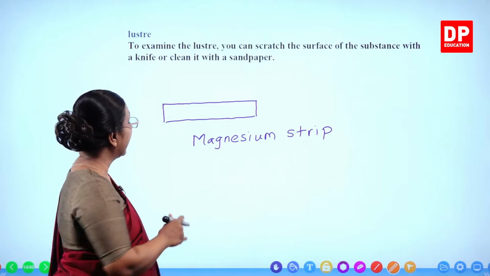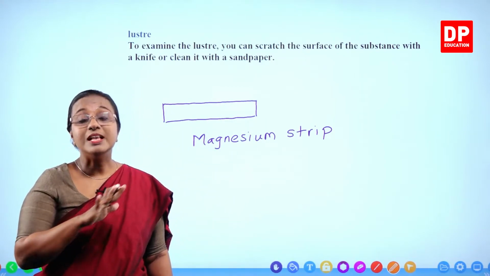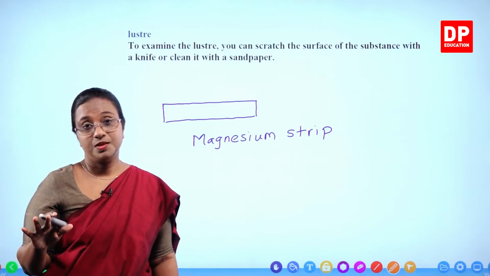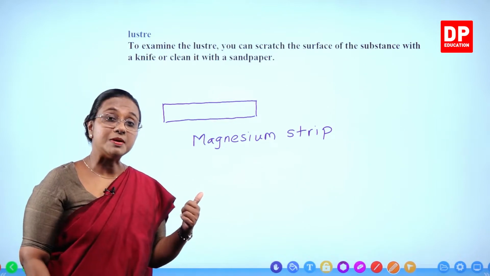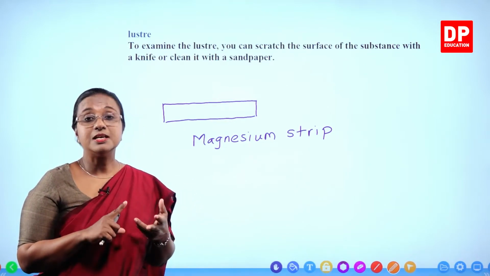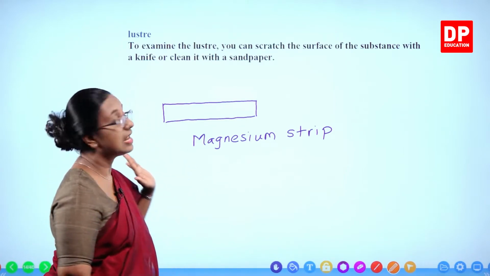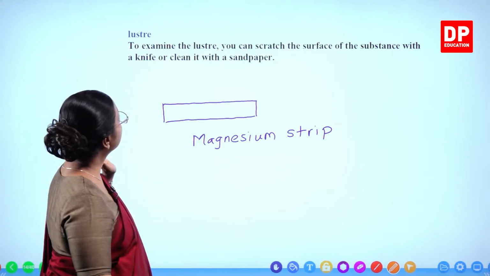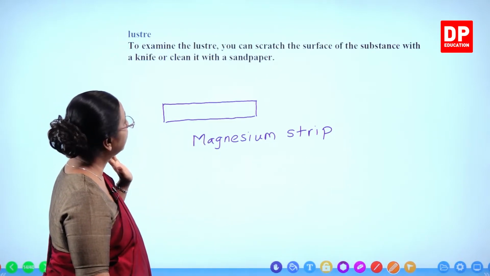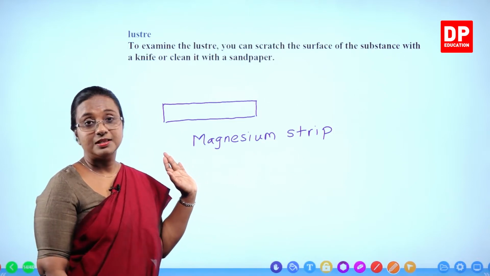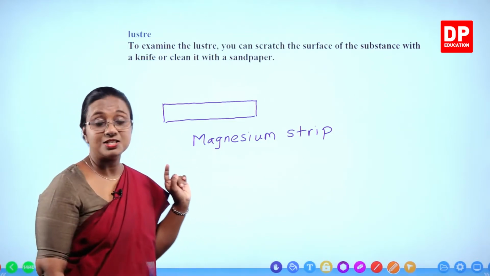But if you clean it with a sandpaper, you will see the shine. So that is the lustrous nature. Now you can remember iron, magnesium, copper, aluminium, zinc, all these have luster. Is that clear? That is how you identify whether it has luster or not.